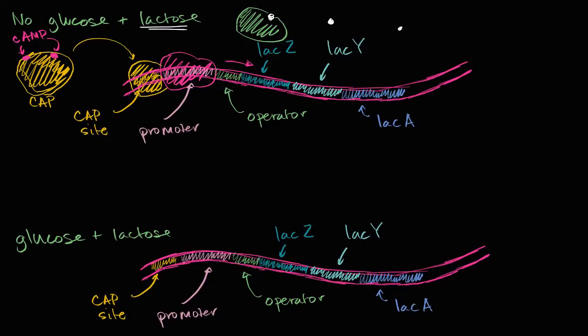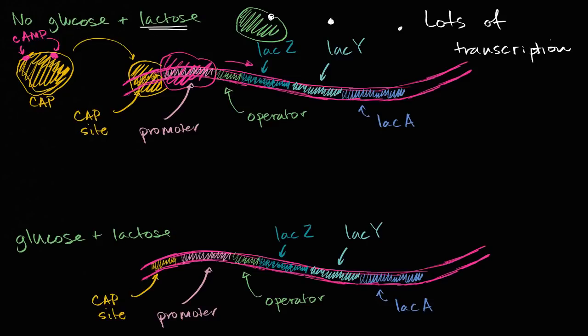So let me write this down. Lots of transcription. Now, I know what you're probably asking. This is what I first asked myself when people told me about cyclic AMP. Well, how does cyclic AMP relate to glucose?